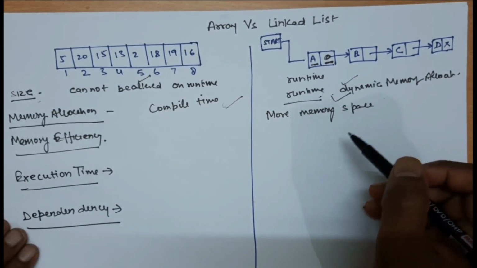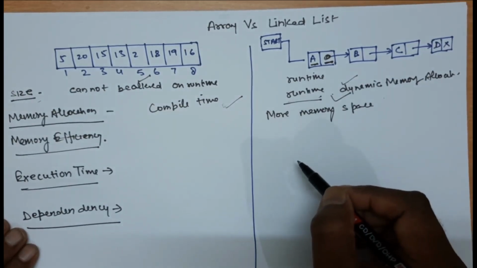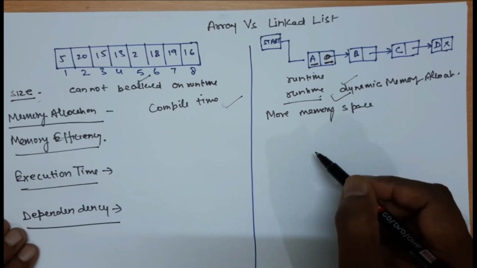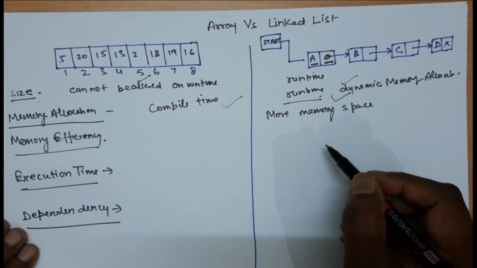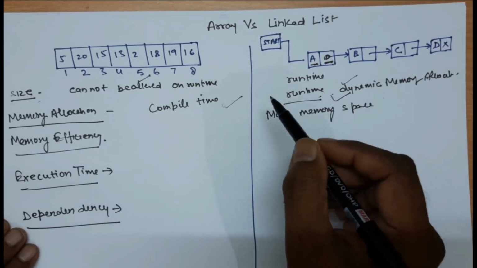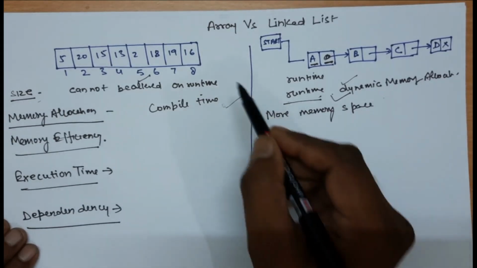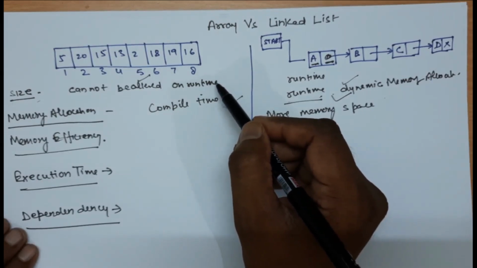However, the size flexibility in the linked list may make them use less memory space. As we know, if we have prior knowledge of the data to be stored, then the array data structure is good.